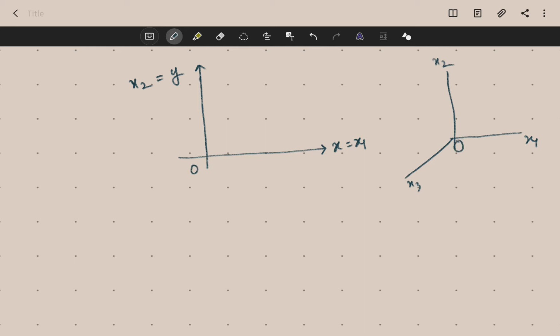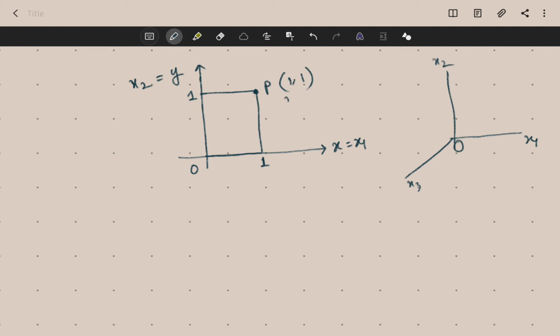Suppose in this two-dimensional case we have a point P over here. Suppose P is (1, 1). That means from the x direction we go 1 unit, and from the y direction we also go 1 unit, right? So this is P of (1, 1).